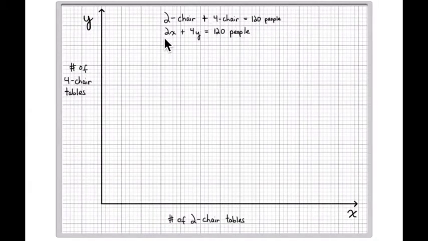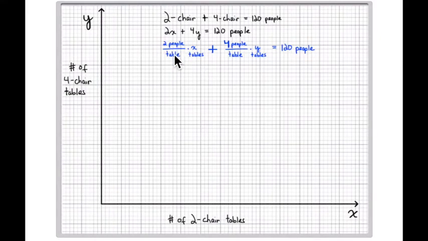And how do you change everything to people? Well, you have to realize that it's 2 people per table and 4 people per table. So it's 2 people per table times the number of tables, plus 4 people per table times the number of tables, and that all together equals 120 people.